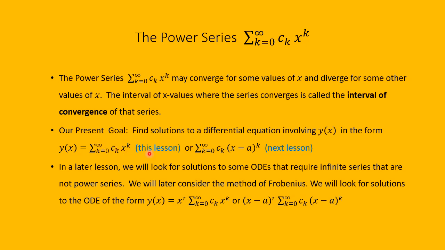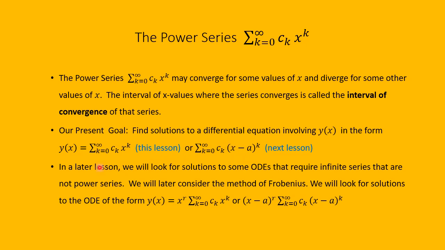We'll do that in this lesson. In the next lesson, we'll look at power series of this form as possible solutions. The sum k goes from 0 to infinity, c sub k times x minus a, that quantity, raised to the k power. This is called a power series centered at a.